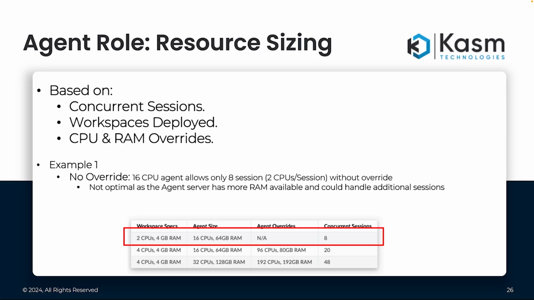If we were deploying a workspace workload, a Docker image, that consumed 2 vCPUs and 4 gigs of RAM, and we did not configure any sort of agent override, then the maximum concurrent sessions that this server could handle would be only 8. And that would, of course, be limited based on CPUs. Even though we have additional RAM available, we would be limited by CPUs.